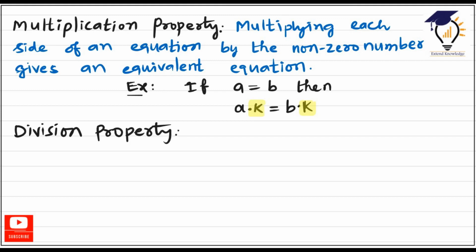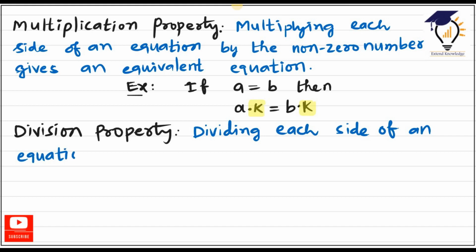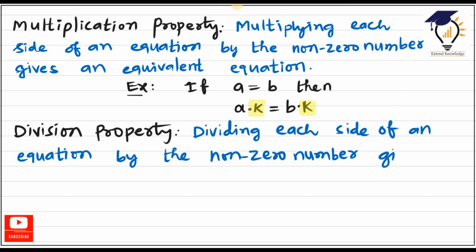What this division property says is the same as multiplication: dividing each side of an equation by the non-zero number gives an equivalent equation.